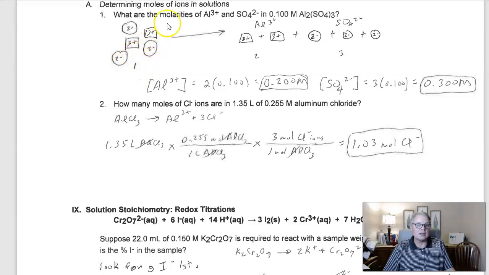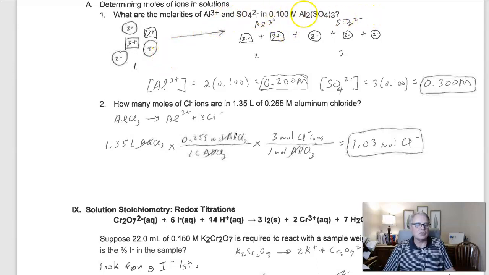All right? So if I put this in a water solution, what does it look like now? Well, I've got aluminum 3 plus here and aluminum 3 plus here, and I've got 1, 2, 3 sulfates floating around from this. Does that make sense? Okay, if you can visualize that, think of it this way.